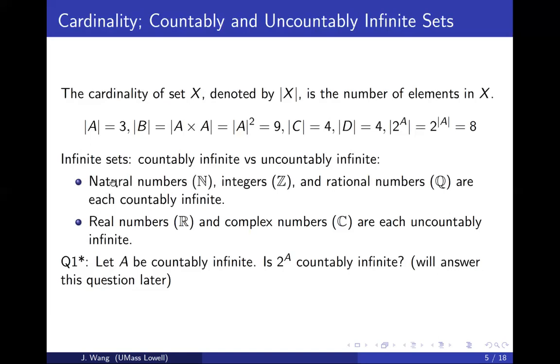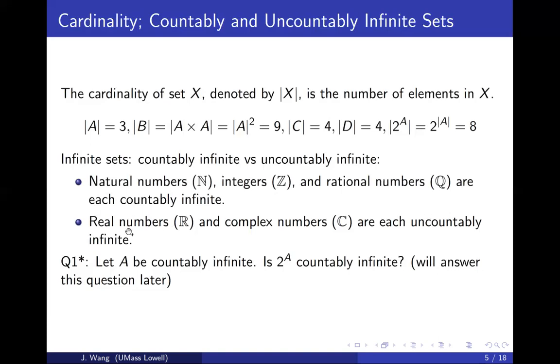For instance, natural numbers, denoted by N, integers, denoted by Z, and rational numbers, denoted by Q, are each countably infinite. They are infinite, but they are countably infinite. In other words, all the elements in each of these sets can be enumerated. Okay, you can list them continuously, like x1, x2, xn, and so on.